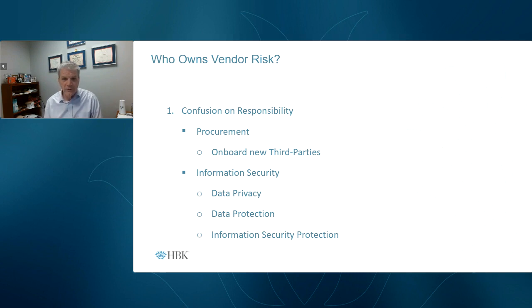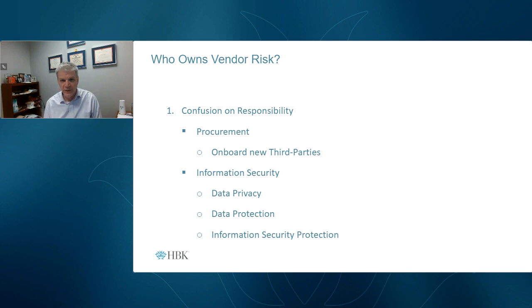So who owns vendor risk? This is kind of like that age-old chicken or the egg question, what came first. Who owns it, the business or IT? It's like the debate internally over who owns cybersecurity. Cybersecurity is really a business level risk that kind of gets pushed on IT or information security.